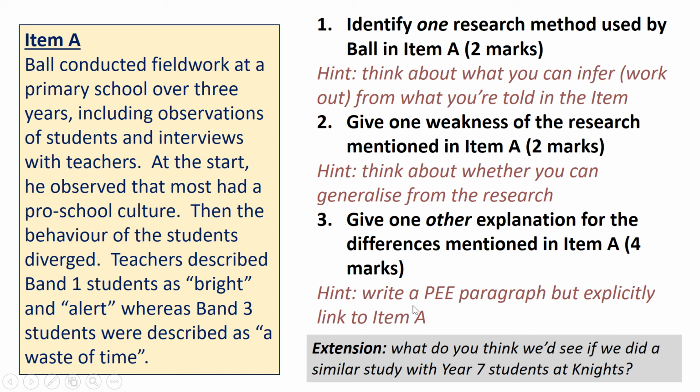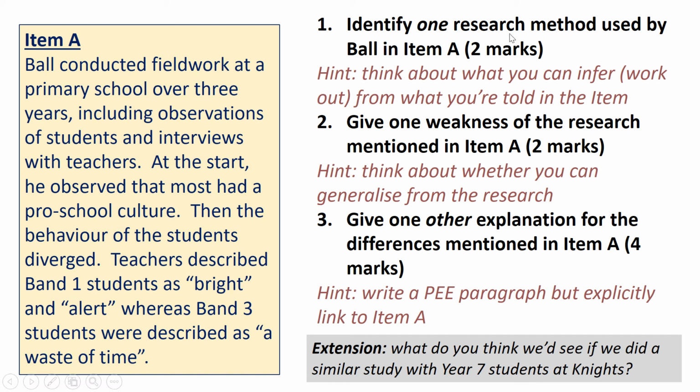It's 4 marks, 3 marks for your P paragraph, 1 mark for being able to link it to item A. And there's an extension there for you too. Off you go with those questions. Give yourself about 8 minutes. Pause the video and try the exam questions.